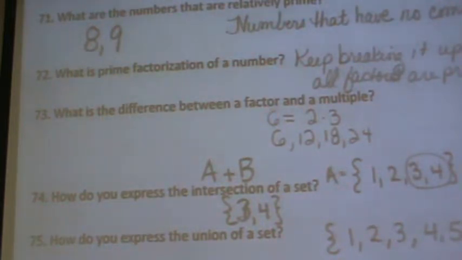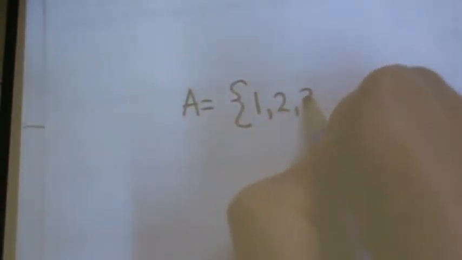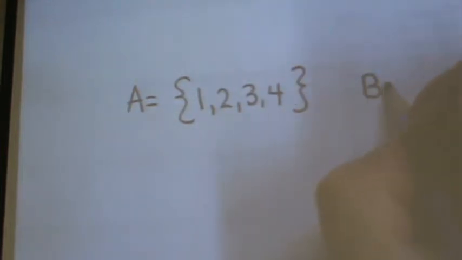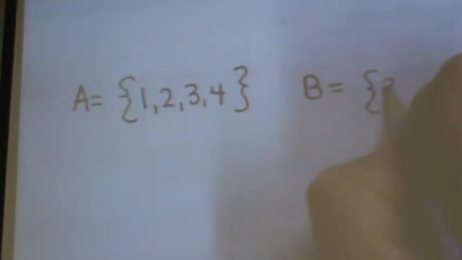Okay, the next two are probably new to you guys. Intersection and union. Intersection. So if I give you set A is the numbers 1, 2, 3, 4, and set B is equal to 3, 4, 5, and 6.